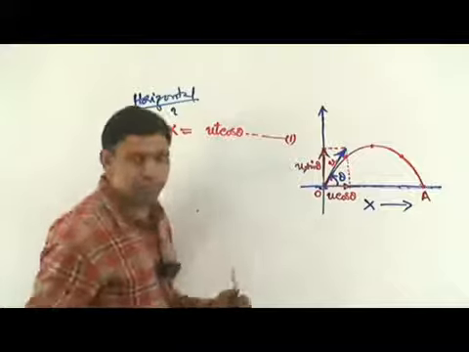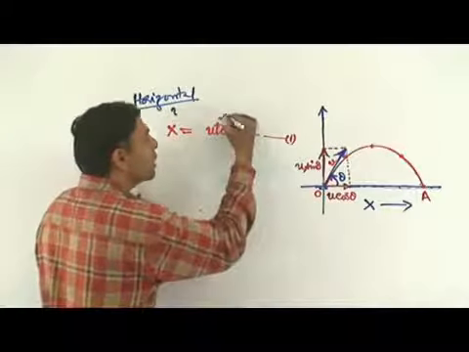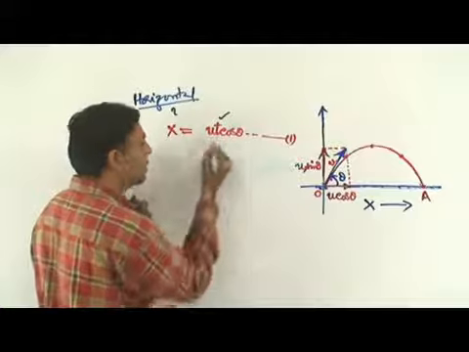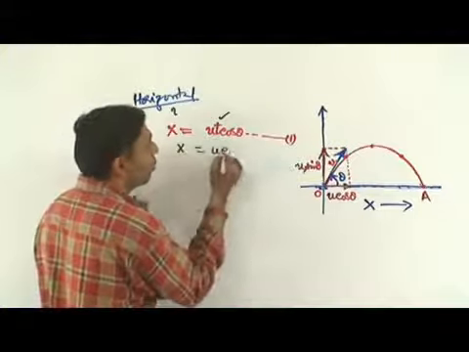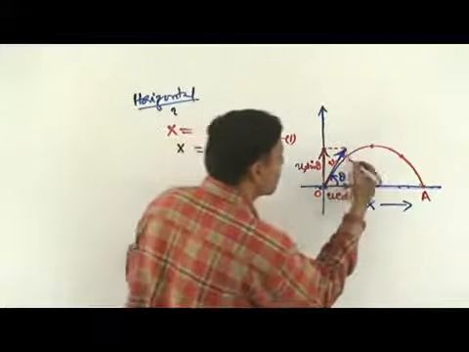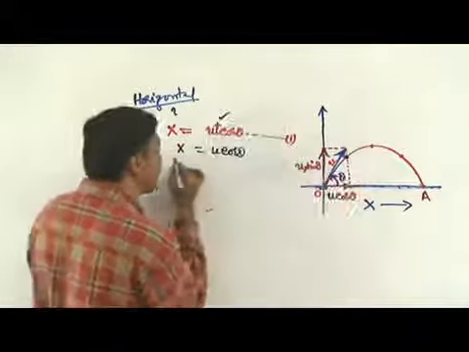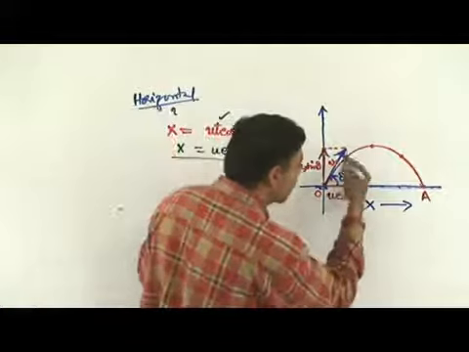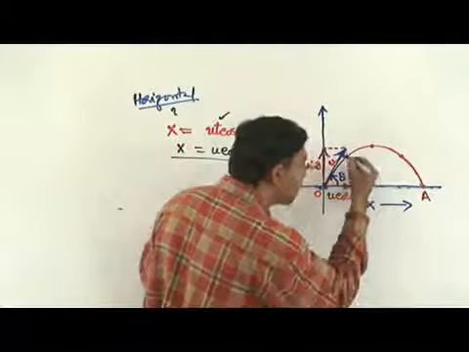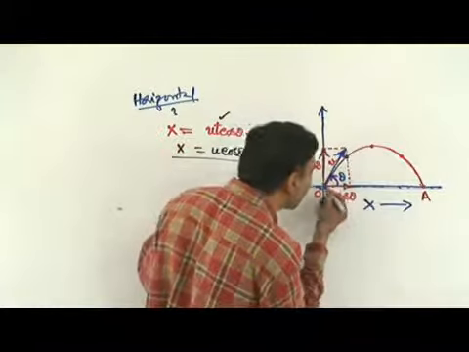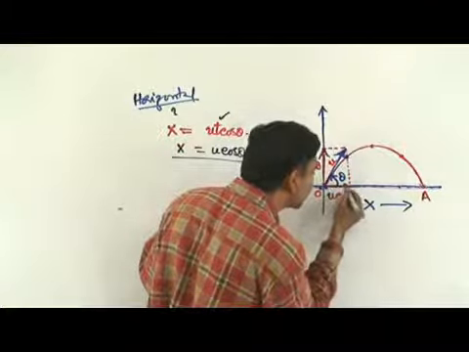I mean, if in this equation we write t as 1 second, then x will be u cos theta. Suppose the projectile is here at t equal to 1 second, then this equation doesn't give you displacement, doesn't give you distance, arc length, doesn't give you height. It just gives you how far horizontally the body has traveled in 1 second. That is u cos theta, right?